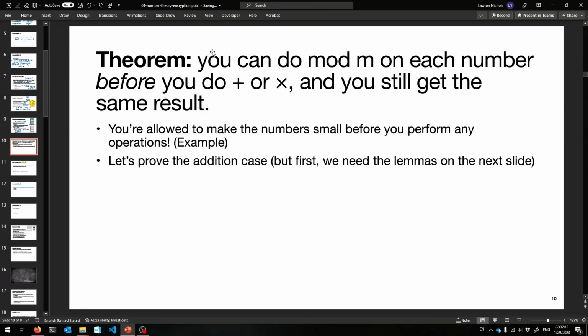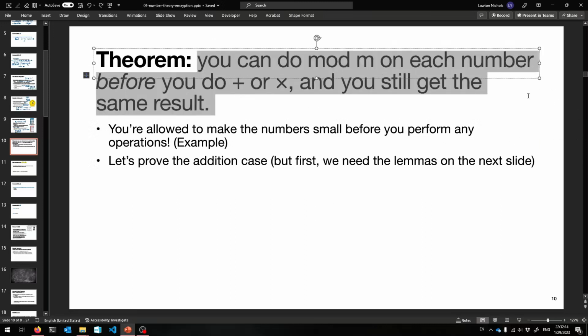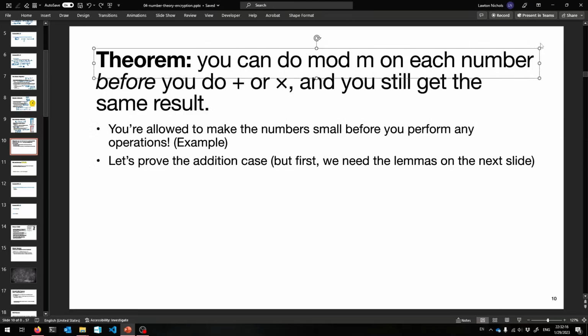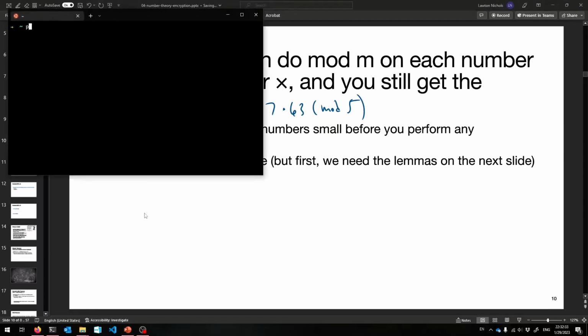So here's an example of this theorem, and then I have to prove it for real. This is just an example of it. It is a true theorem, though. So pretend that we wanted to do 77 times 63 mod 5. We want to know the answer to this big thing, mod 5. And, well, let's go to Python, and let's see what it really is.